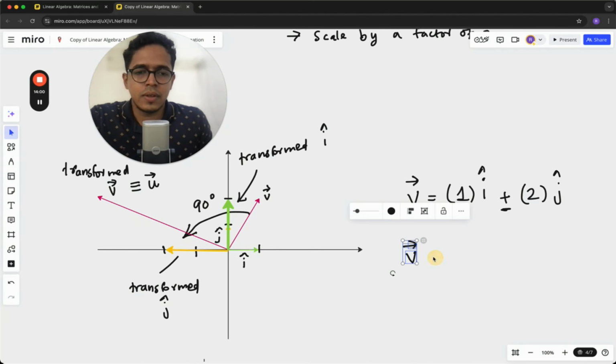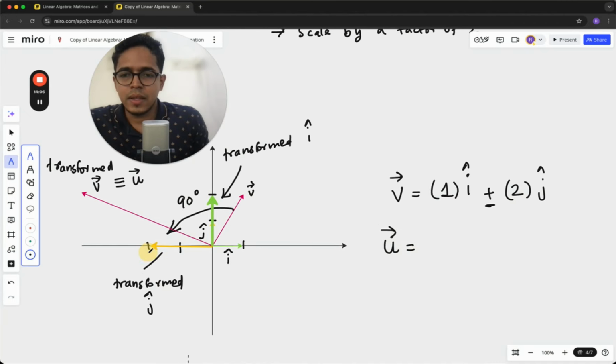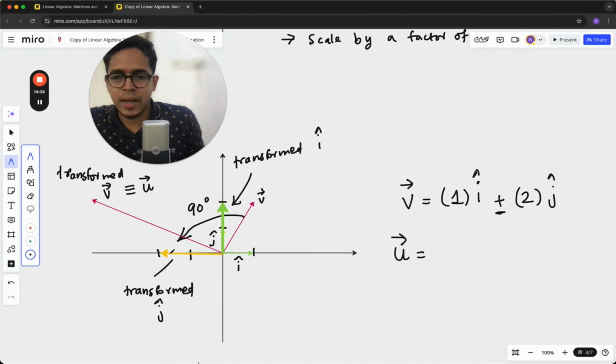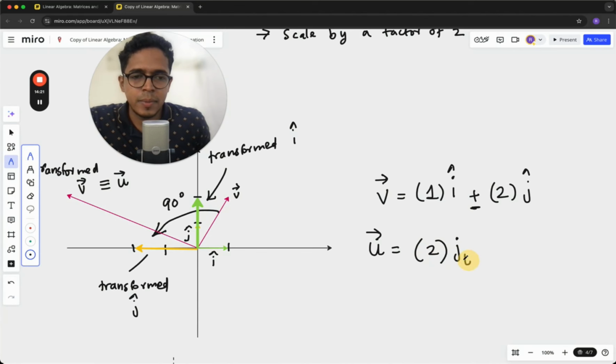So u equal to, just tell me, what does u look like? u looks like 2 times transformed j, right? Maybe transformed j I can write as jt.